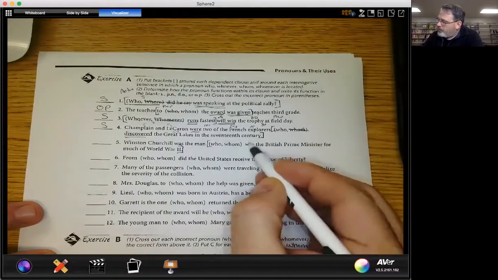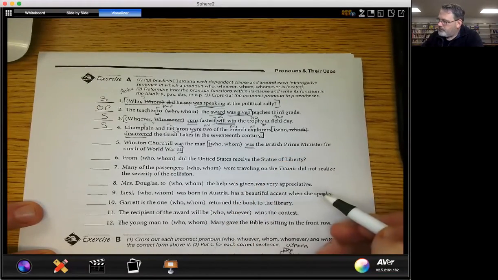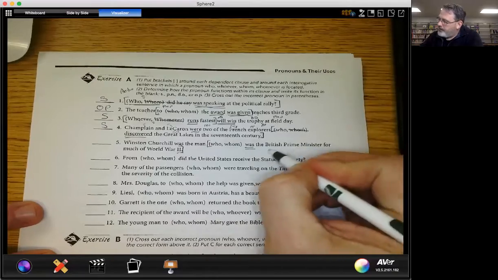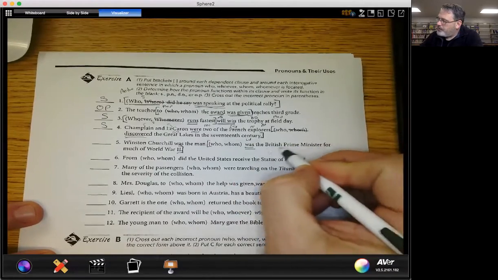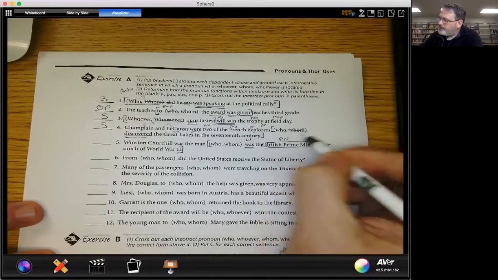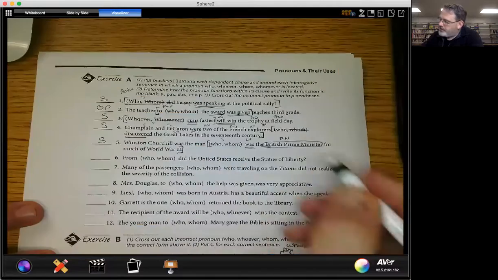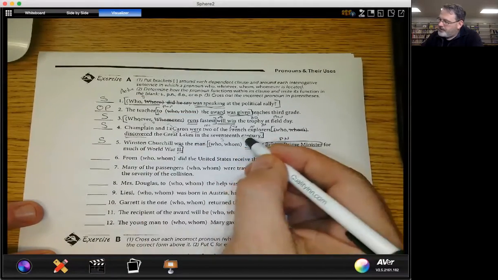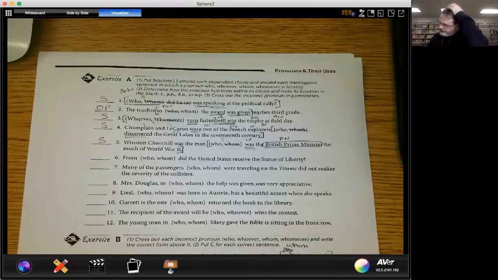And okay, so what's the verb of the clause? Was. And then the noun that follows that linking verb is British Prime Minister. So that's going to be your predicate nominative. That means that this is going to have to be the subject. So we'll put subject here. Subjects have to be nominative case. And from the very one right before it, we knew it was who. So we're crossing out whom.